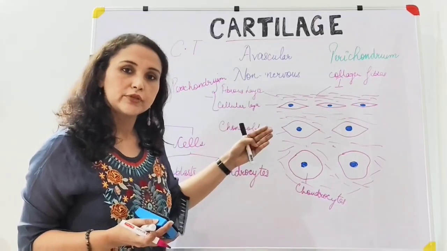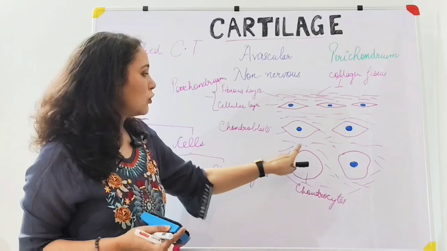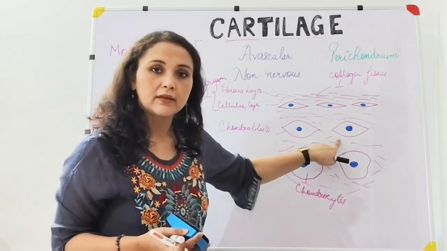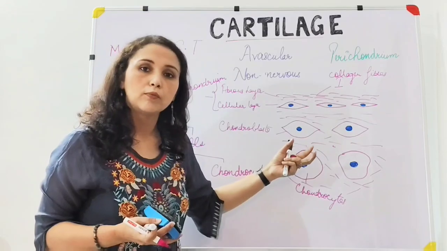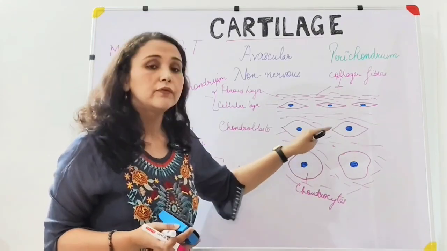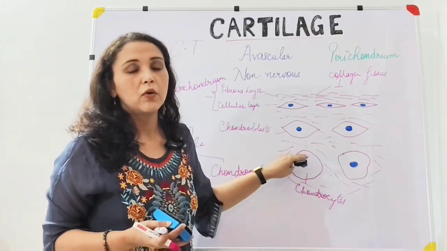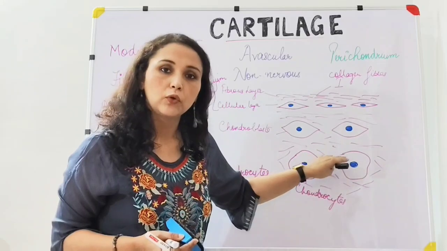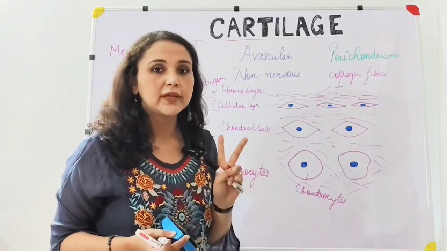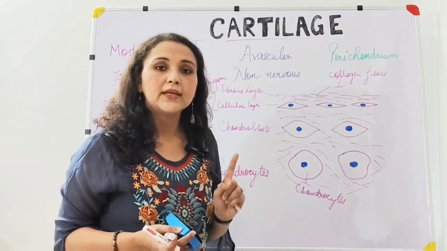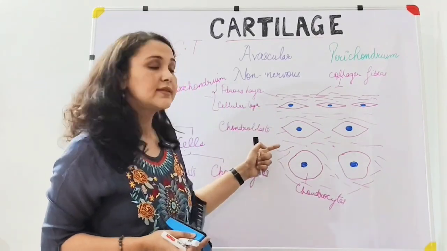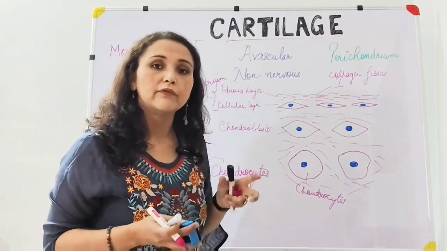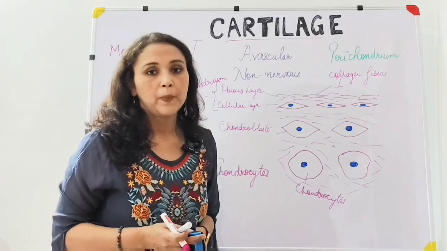Another is the chondroblasts in the matrix. They themselves divide mitotically and form more cartilage. So that is occurring from within the tissue, and we call it interstitial growth. So there are two types of growth occurring in a cartilage: appositional growth from the surface, and interstitial growth from within the tissue, right?